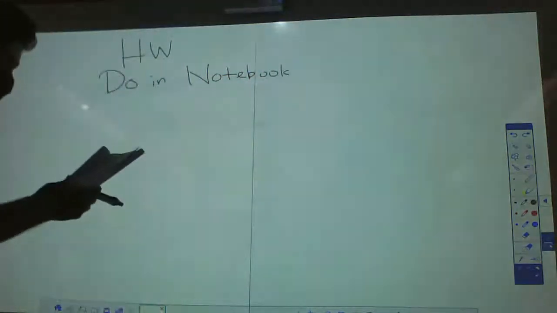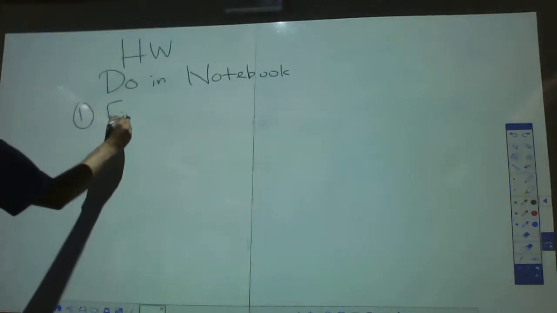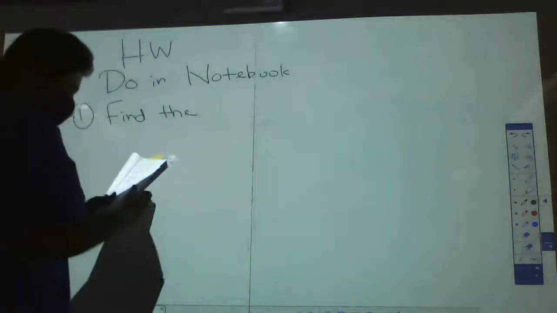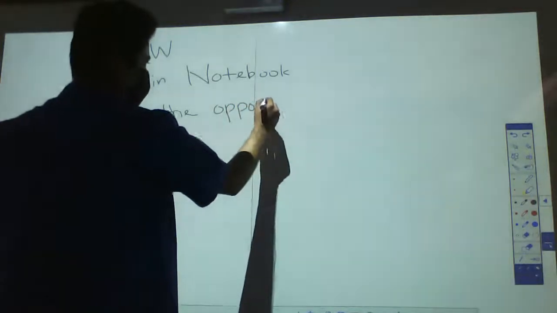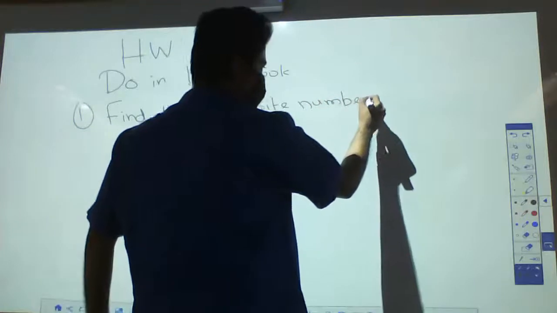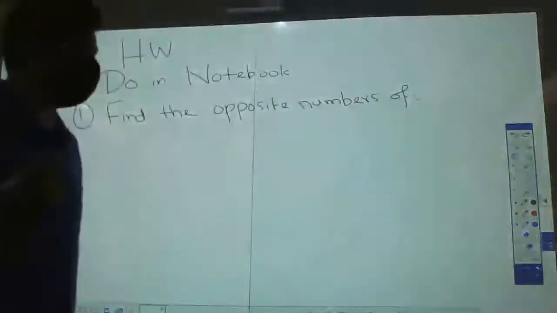Okay. So number 1, it is find the opposite numbers of, right? You have to find the opposite numbers.